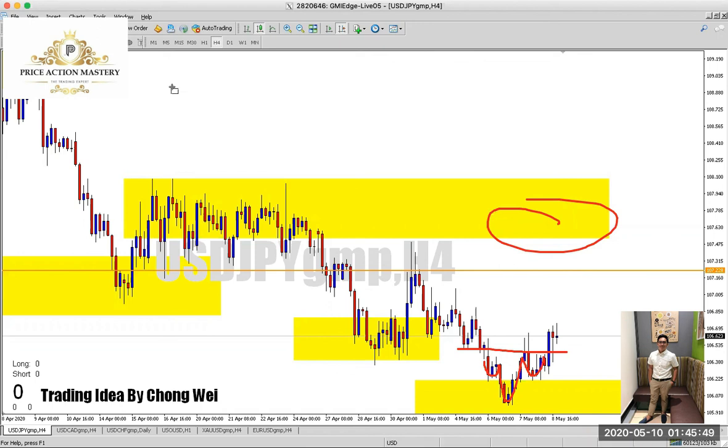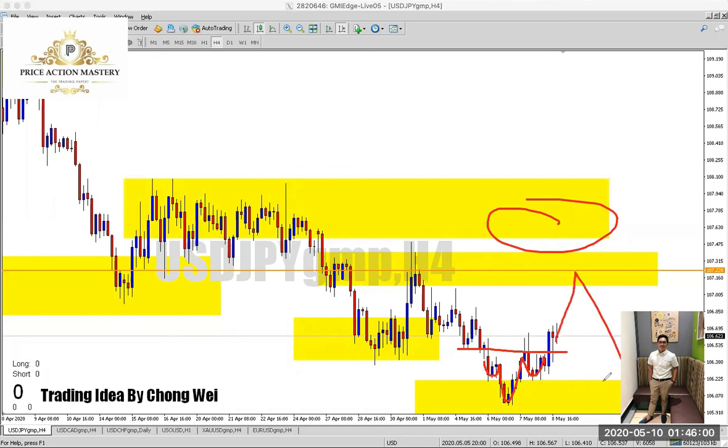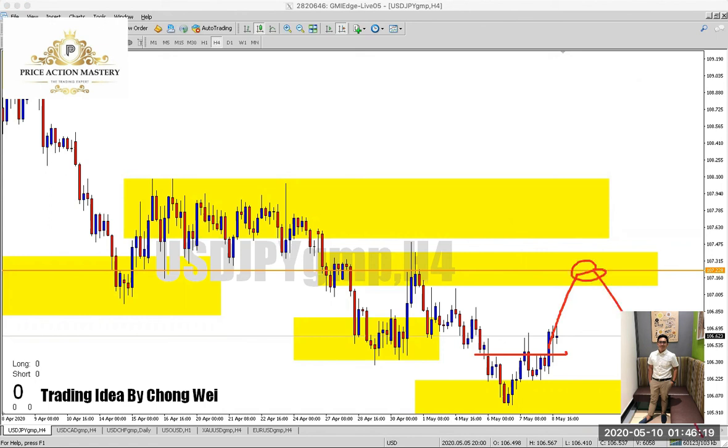In H4 we can see this is the previous lower high. So lower low, lower high, lower low, lower high. So the market can actually come back to this level and drop. If the market is able to form another 1, 2, 3, 4, which is the easiest method you can learn, then the market can reach this level and form a new setup to drop.